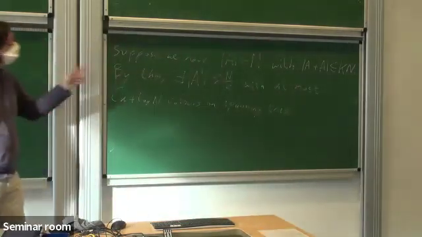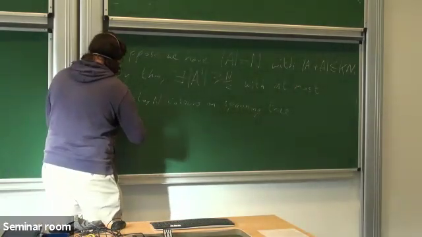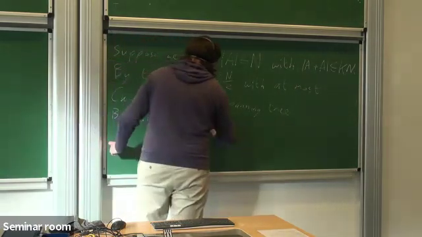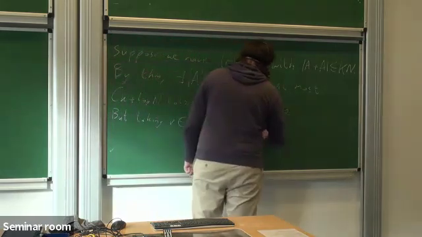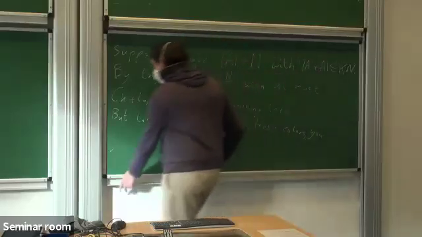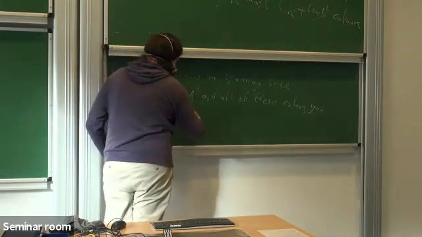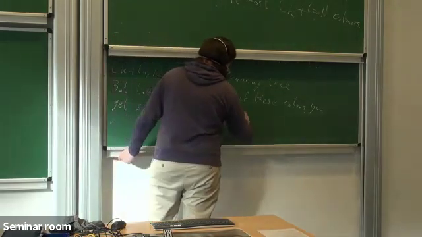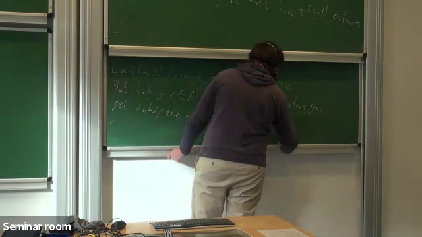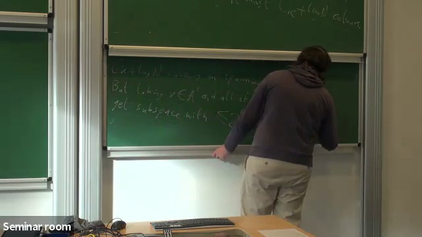But if you take just some vertex v in A prime and all of these colors, you get a subspace with at most 2 to the power of ck plus log n plus 1, which is 2 to the ck plus 1 times n points.